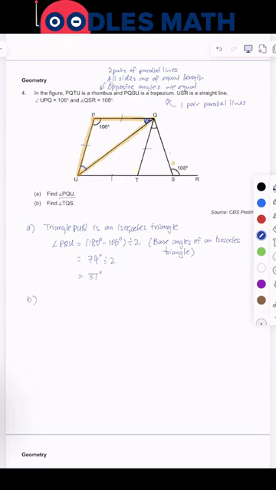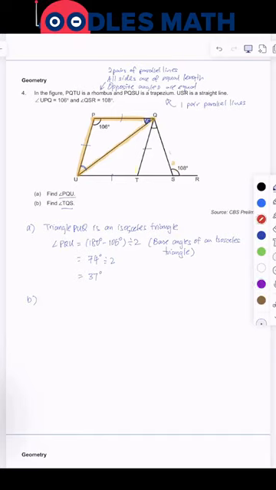Part B, we are supposed to find angle TQS. Where is angle TQS? Okay, let me use a different color.